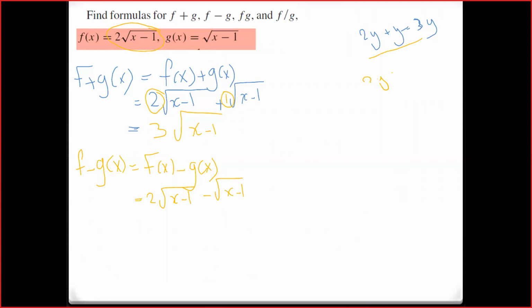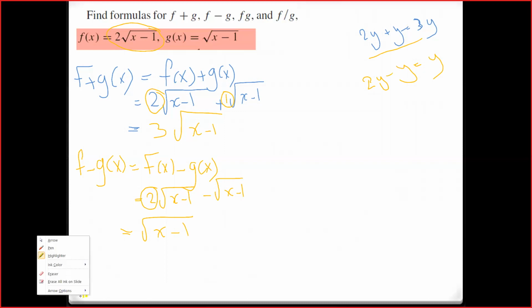Here I have 2y minus y, so it's equal y. So here, 2 minus 1 is 1. So the answer will be square root of x minus 1. Is it clear? Grade 11? Yes, miss. Okay.